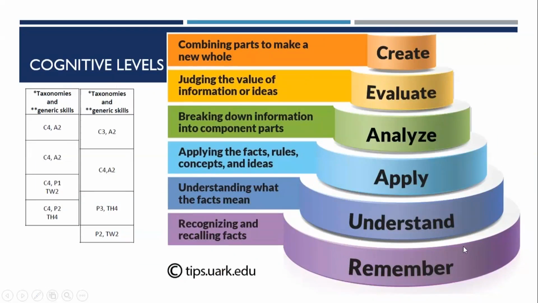Basically, if I tell you 1 plus 1 is 2, tomorrow I ask you what is 1 plus 1, you remember 1 plus 1 is 2. That is that level. Level 2 is understanding. You understand the fact about what is going on. And then level 3 is, now that you have understood, you can apply it.